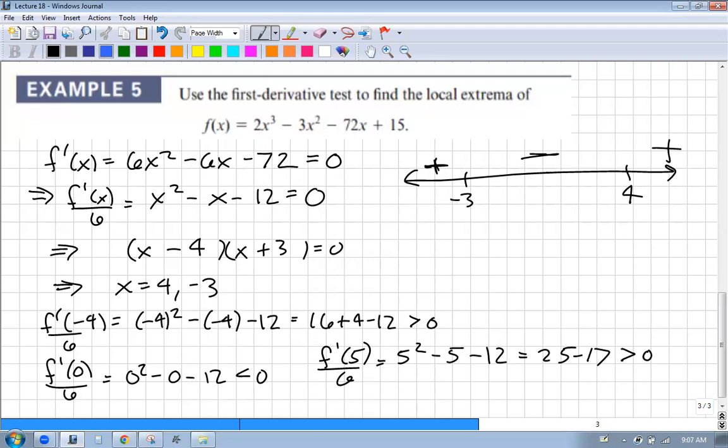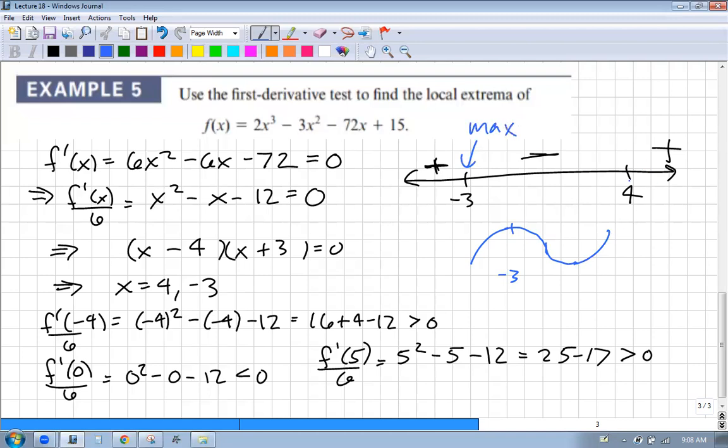If you think about it, these are our critical points. It's going to be increasing, then 0, then decreasing, then 0, and then increasing. So you can see that at minus 3, that's going to be a local max.